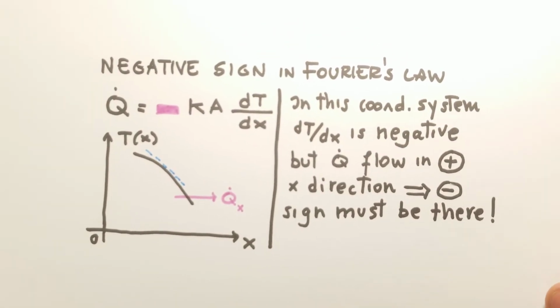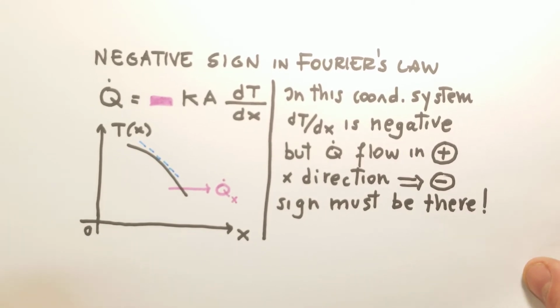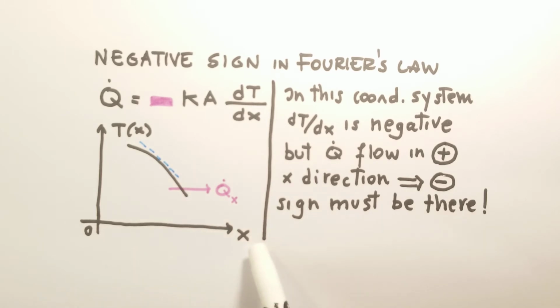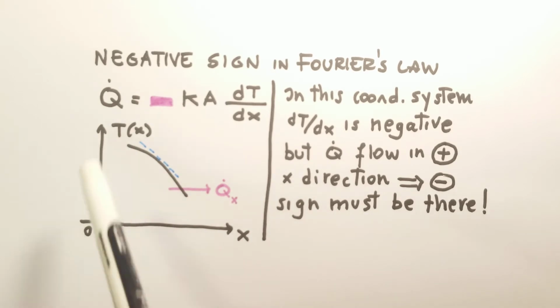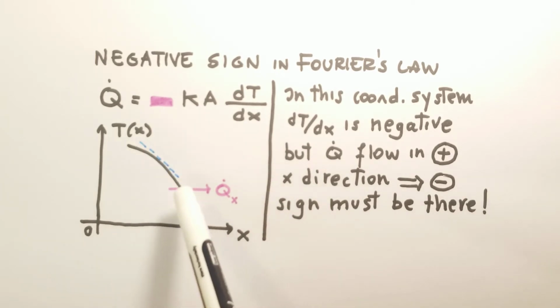So let's look at this concept of a negative sign a bit more. We take a coordinate system x, and we imagine that the temperature decreases as x increases. So in this coordinate system, dT/dx, the derivative of the temperature with respect to x, is negative because the slope of this curve is negative.